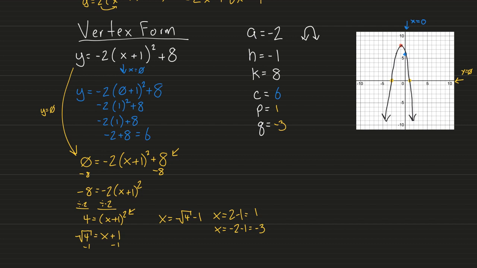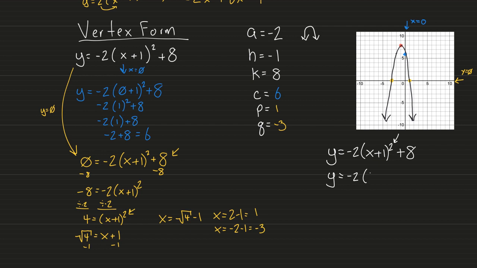And we can use multiplying binomials to convert this as well if we have our vertex form. We want to convert it. Well, let's think about this for a second. We got negative 2, then we have (x plus 1) squared. What does squared mean? Squared means something times itself.